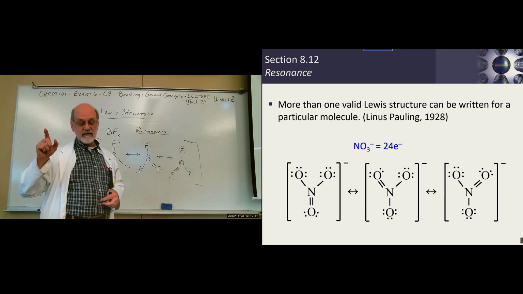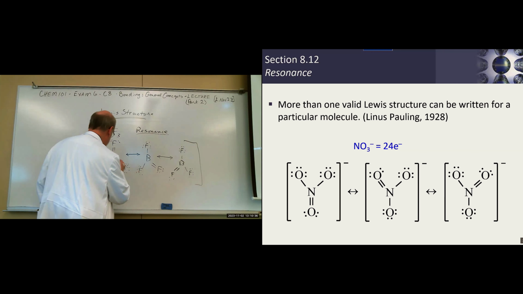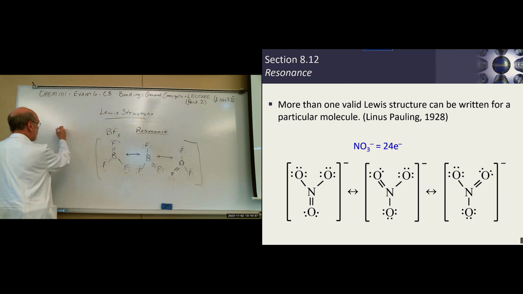If you don't put that negative there, then the number of electrons don't add up, right? If you have NO3 minus, then you got nitrogen with 5, you got 3 times 6 or 18 with oxygen, and then you got another one here. Right? So that's 24 electrons. If you don't count that charge, then you're not going to have the right number of electrons.